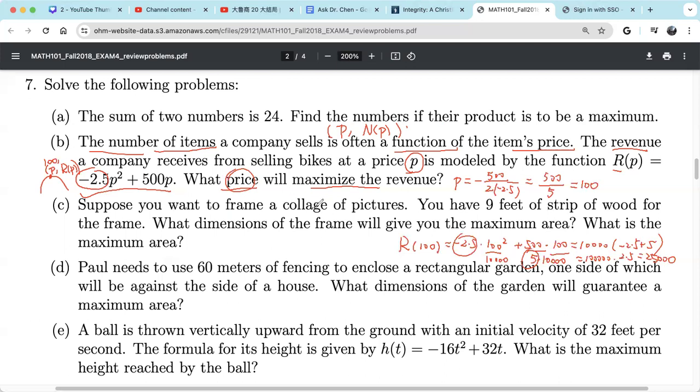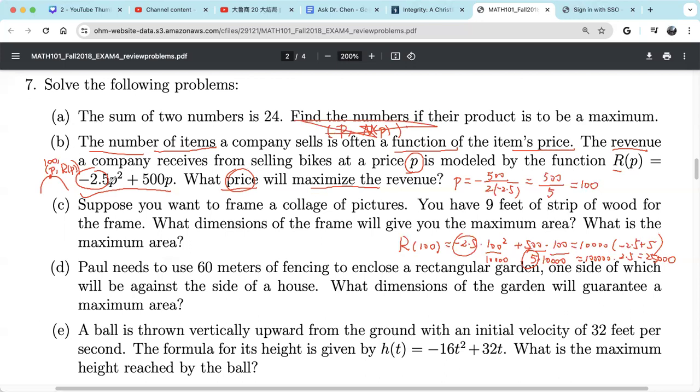So this is also to follow the function. The function is given. We don't really need this, revenue in terms of the price.